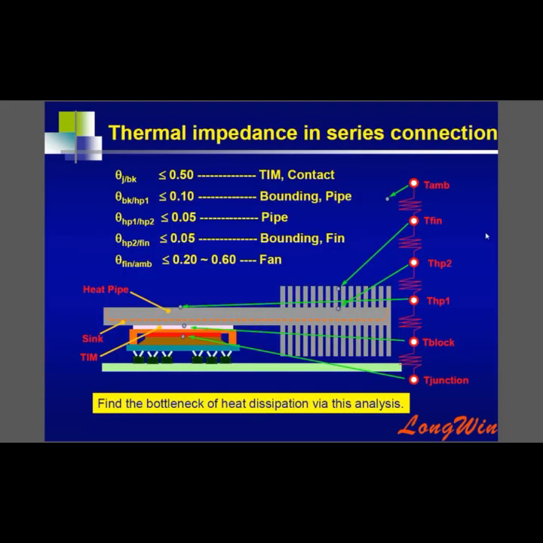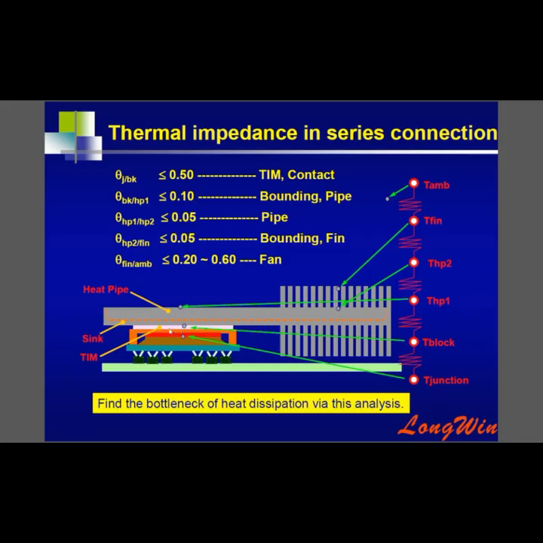And we can also draw a schematic drawing of this cooling module, and we can take a look at how the heat is transferred. You can see the part in red. This is the hottest spot of a chip. And the part in pink, this is the thermal interface material, could be a thermal grease or thermal pad.